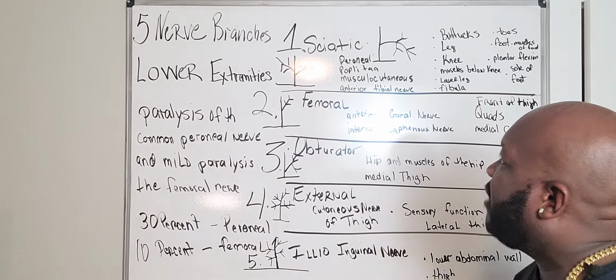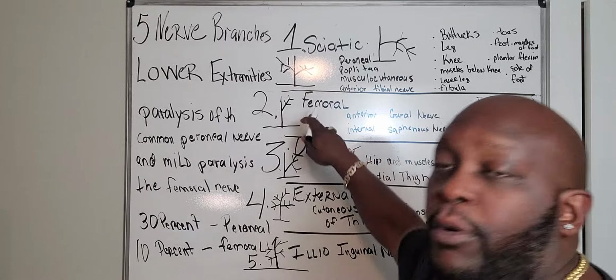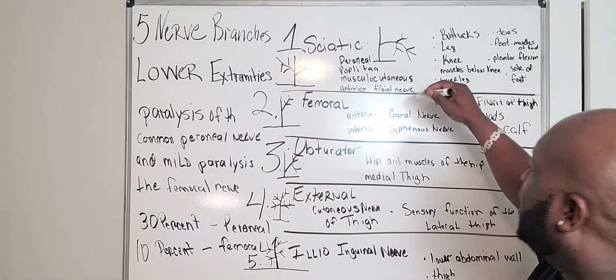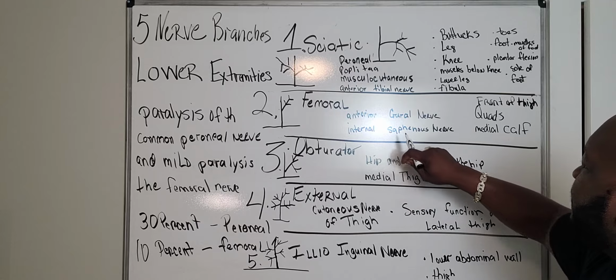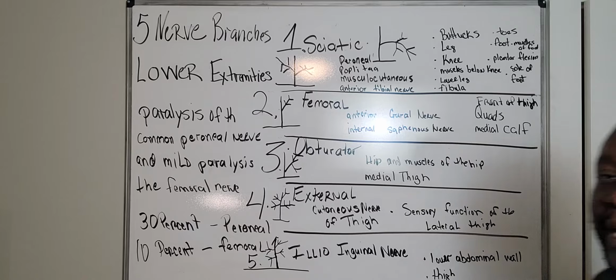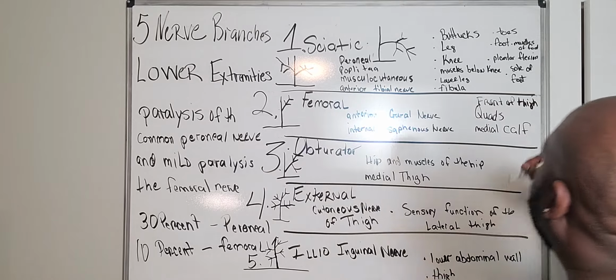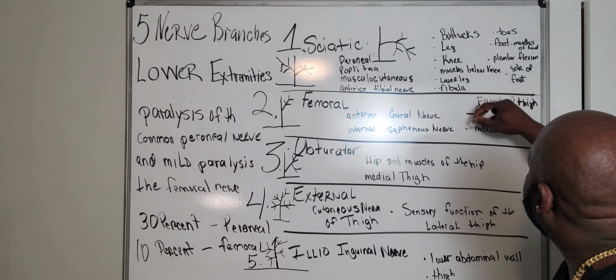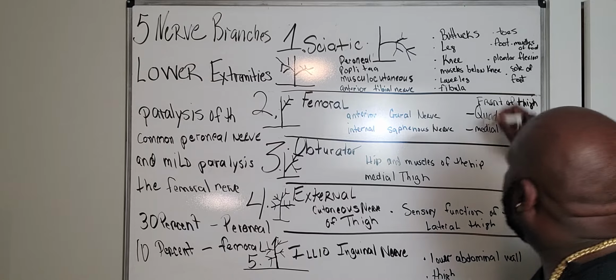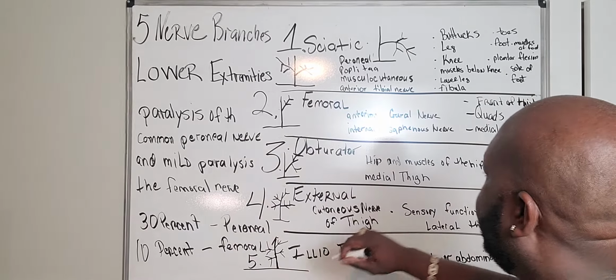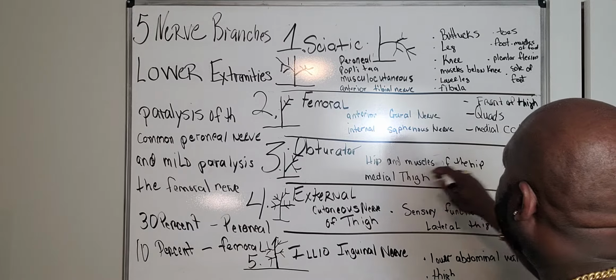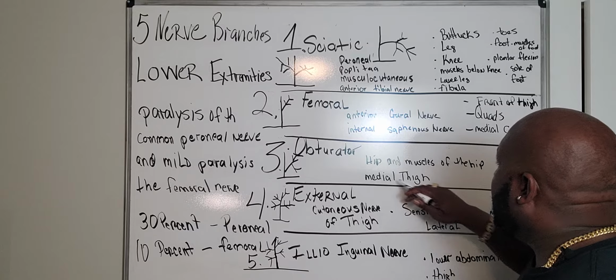And then you have the femoral nerve. The femoral nerve is an anterior nerve, the internal nerve, the crural nerve, the saphenous nerve. I can't pronounce all those words, but they control the front of the thigh, the quads, and your medial calf, that nerve there. Then we have the obturator nerve, which controls the hip and muscles of the hip and the medial thigh.